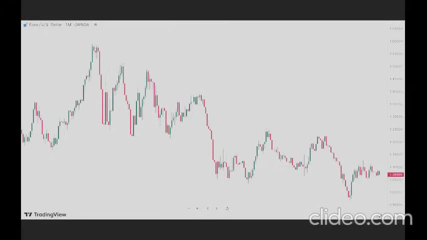Hi there, what a beautiful week, guys. Today we are going to analyze EUR/USD. Please, guys, pay attention to it, so as we can understand the direction.